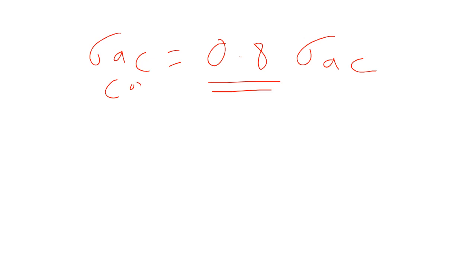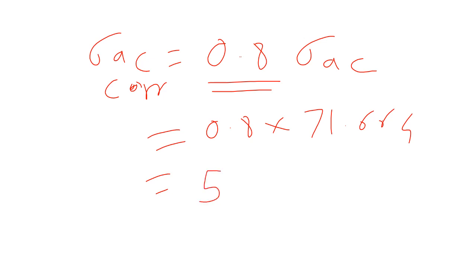We can call it the corrected sigma AC. So 0.8 into 71.664 will come to 57.33 megapascal or Newton per millimeter square. So we have the sigma AC and we have the area also.